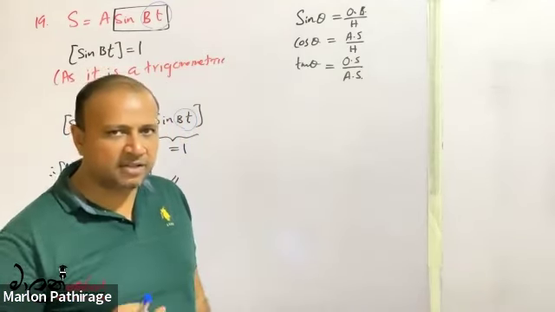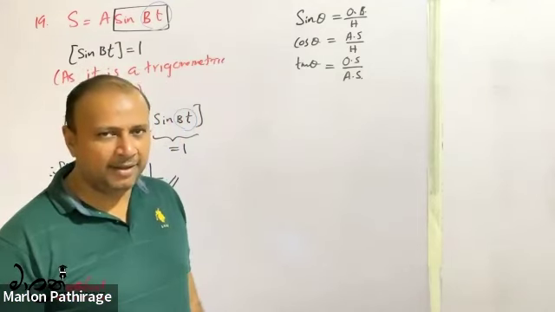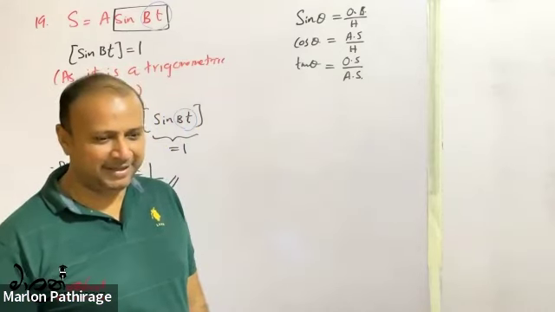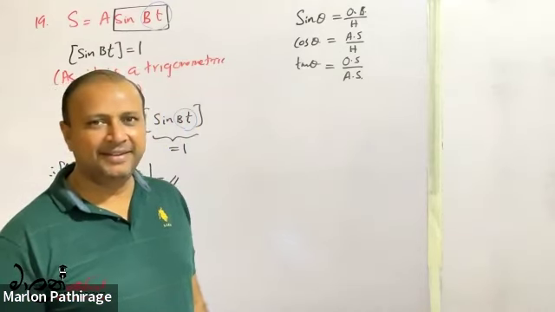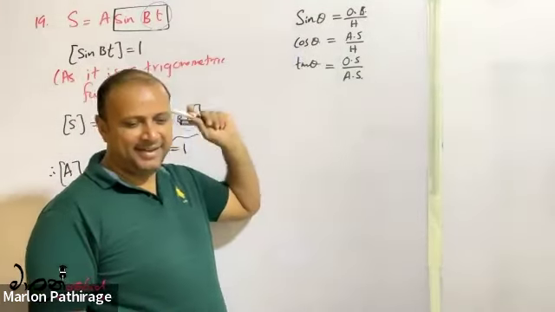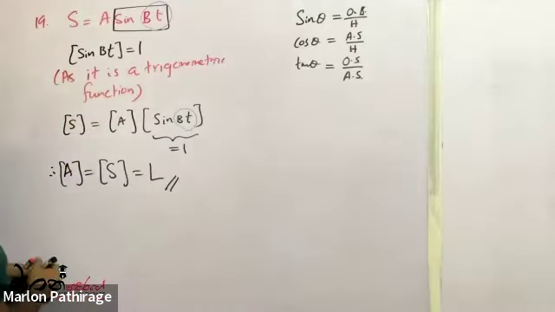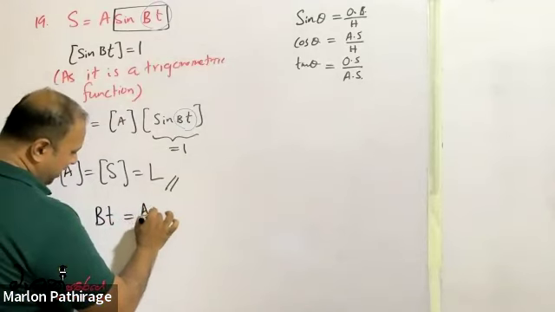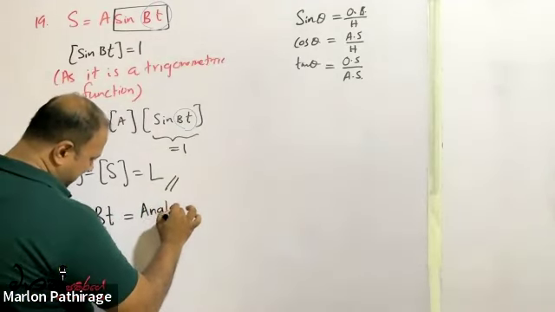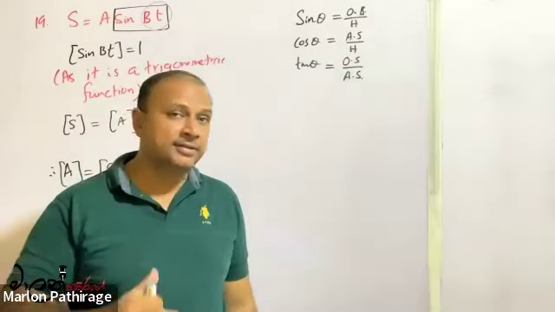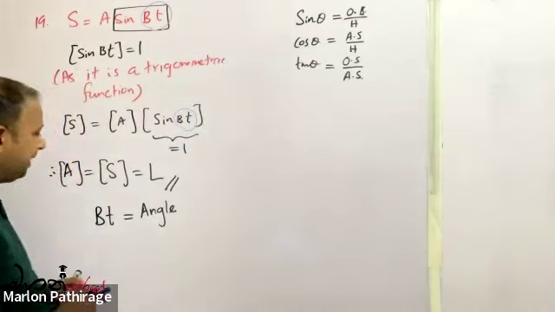Inside the trigonometric function, there should be which physical quantity? Angle. Therefore, the BT product is an angle. An angle has no dimension.